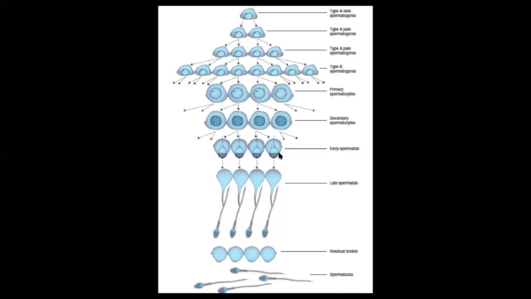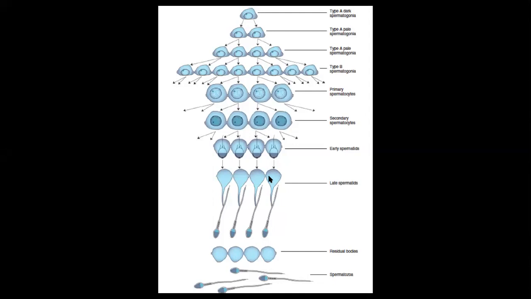Now, what is the difference between early spermatids and late spermatids? The spermiogenesis is happening. Spermiogenesis means what? There is specialized differentiation of these particular cells, and the sperms are coming out, leaving out the extra cytoplasm and all the other residual bodies.